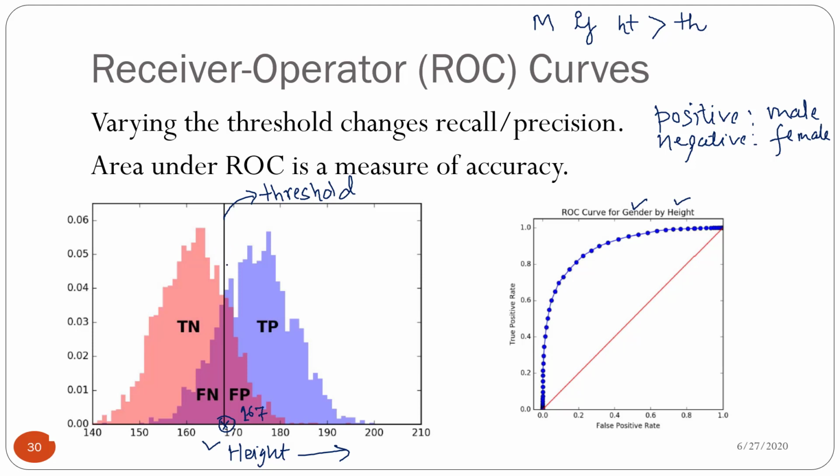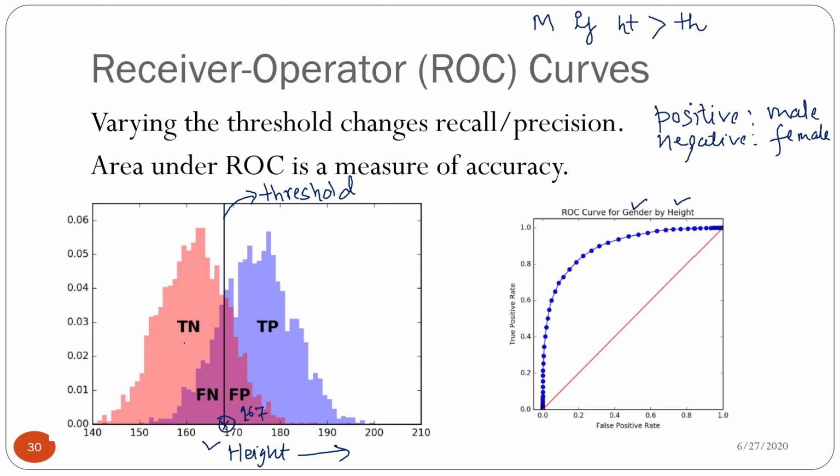When we move the threshold to the right-hand side, the classifier will give a different result, because in that case you'll have fewer true positives, whereas if you move it to the left-hand side, you'll have false negatives.